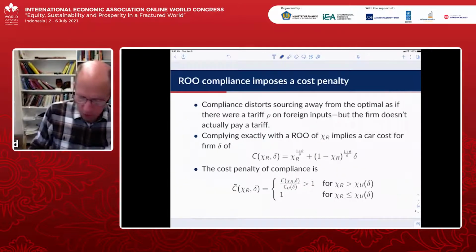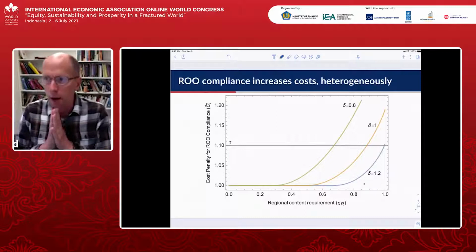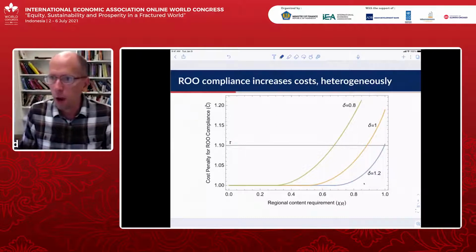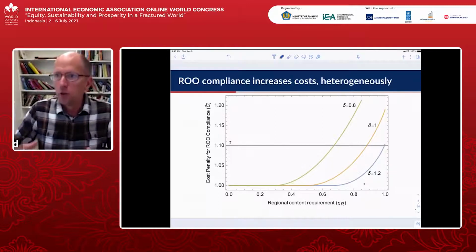So I think what we should just do is show this diagram, or at least focus on this diagram here. And the way I like to think about this diagram is this is the cost of production for a finished, let's say, car, right? And it takes into account all the many inputs that you use in the car.